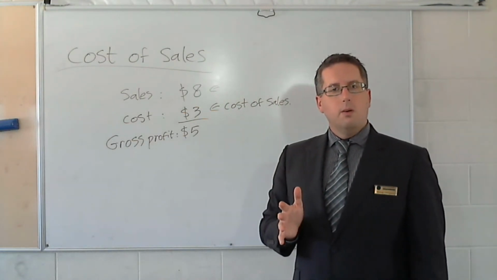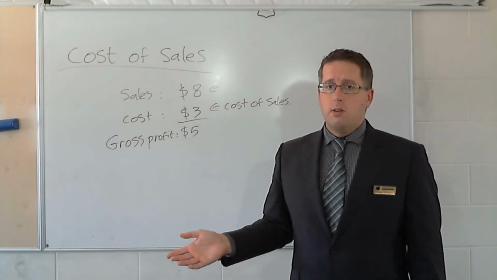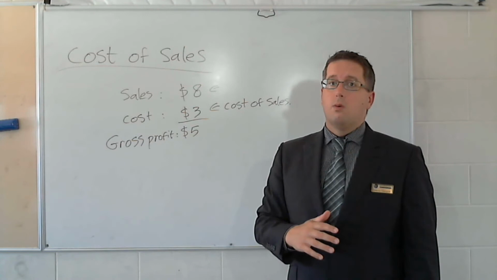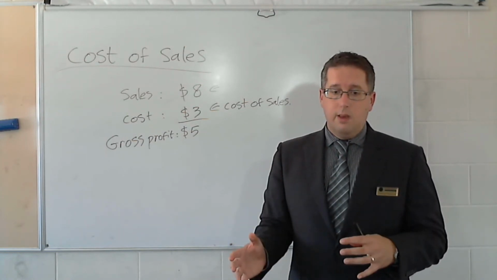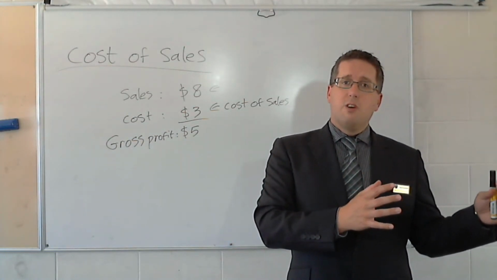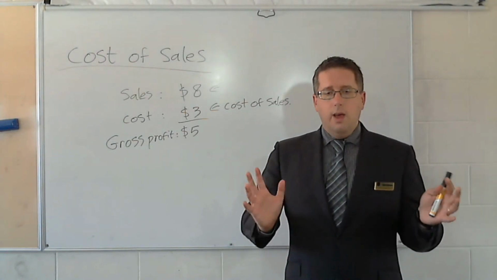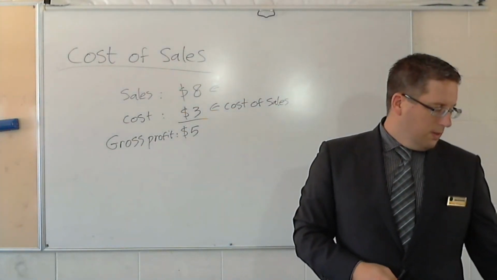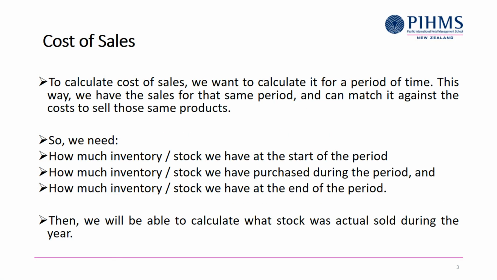Now that's easy because that's just one item that you sold, you get sales, cost, gross profit. It gets a bit trickier when we start looking at hundreds of items, and when we start to go, well, we have some things at the beginning of the year, we've got some things left over at the end of the year. How much did we actually sell during the year? So, to actually calculate it, we calculate cost of sales over a period of time, usually a year. But some places do it each month.